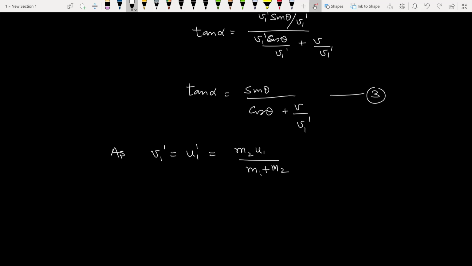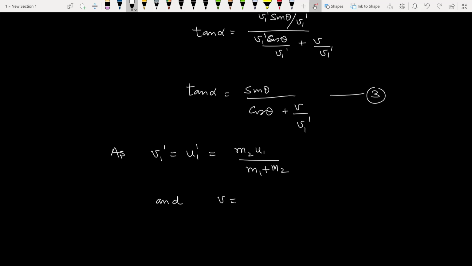We have derived this formula, where the initial velocity is u1 and v1 dash is the final velocity in the center of mass frame of reference.